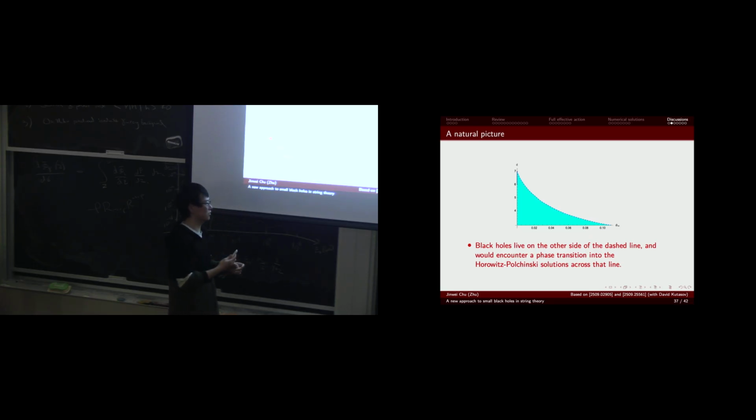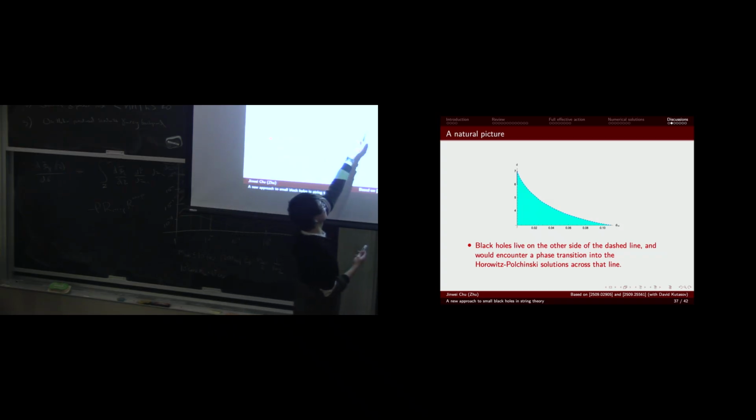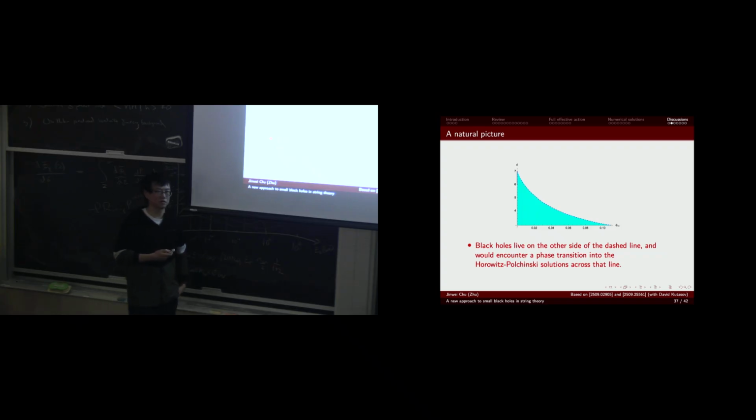And that's exactly what we found. As we approach the dashed line, the dilaton diverges to infinity. So I think that's consistent with Witten's story. Of course, they also say that in heterotic string, it's still possible for the black hole to transition into Horowitz-Polchinski smoothly. I don't have anything to say regarding that case, but that is not inconsistent with what we got, at least.